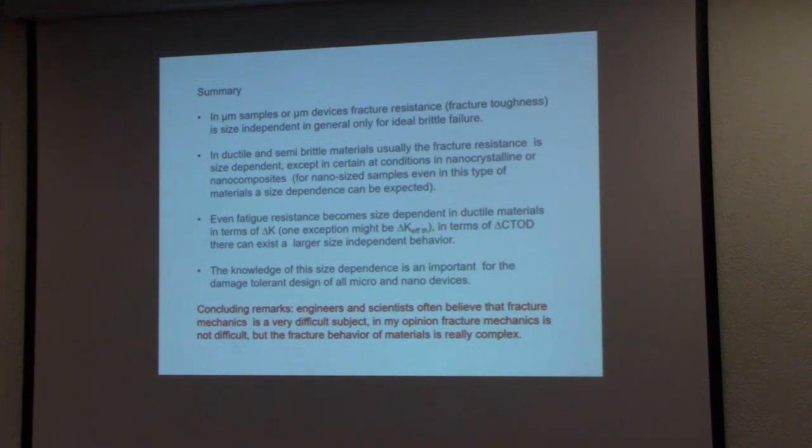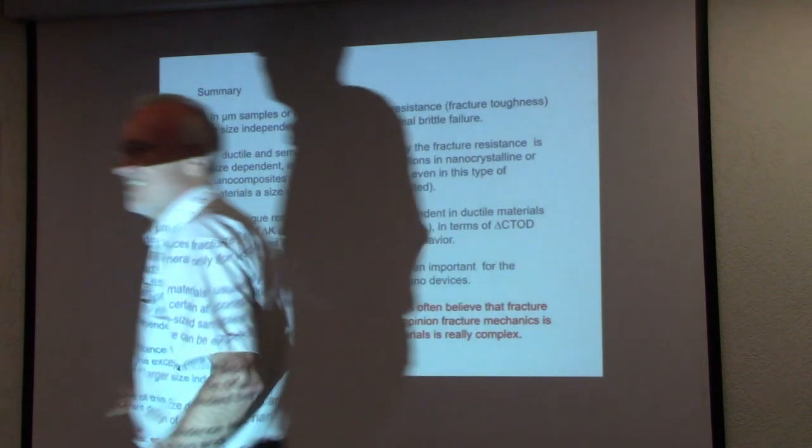We have an R-curve behavior, for example, for the fracture resistance. Why does the material have this? This is a material problem and not a fracture mechanics problem. And so fracture mechanics, in my opinion, is not so difficult. What is really difficult is the fracture behavior, and it will never be solved completely because we will always develop new materials and there will occur new fracture phenomena. Okay, with that, I will close.